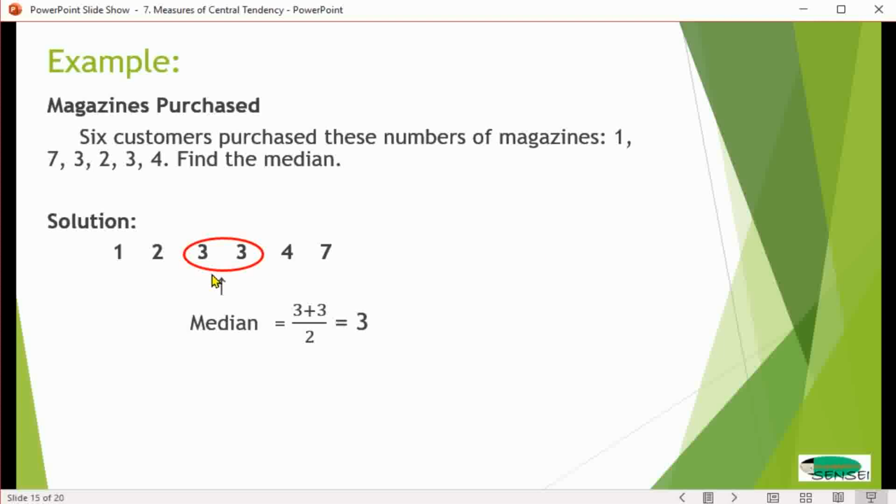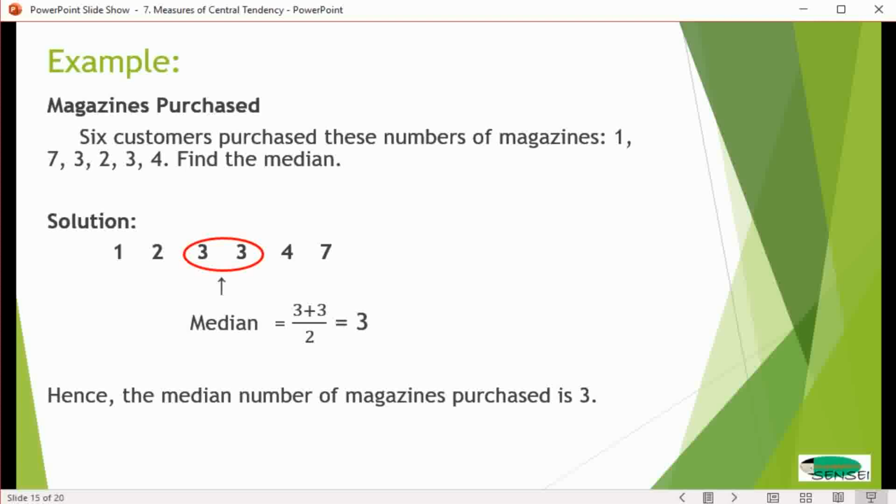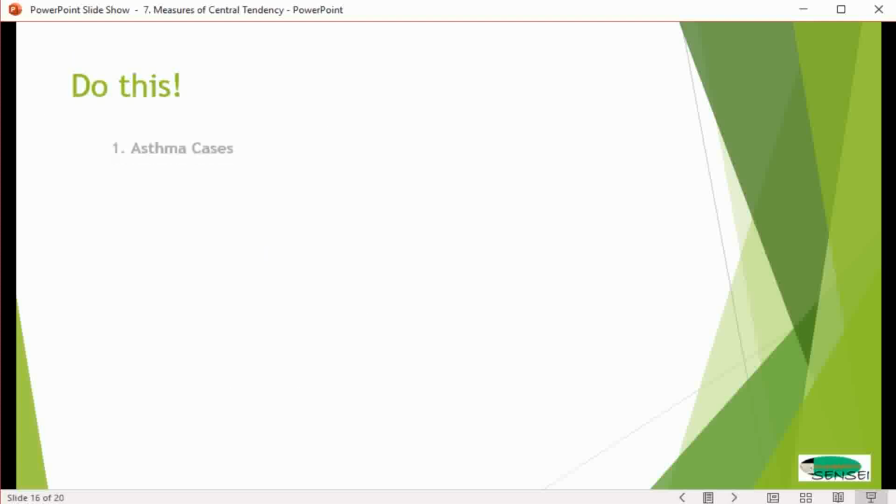It just happens that our median here has the same number. But there can be instances where these will be different numbers from each other, so you can expect a decimal value in your median. So in this case, we have 3 as our median.